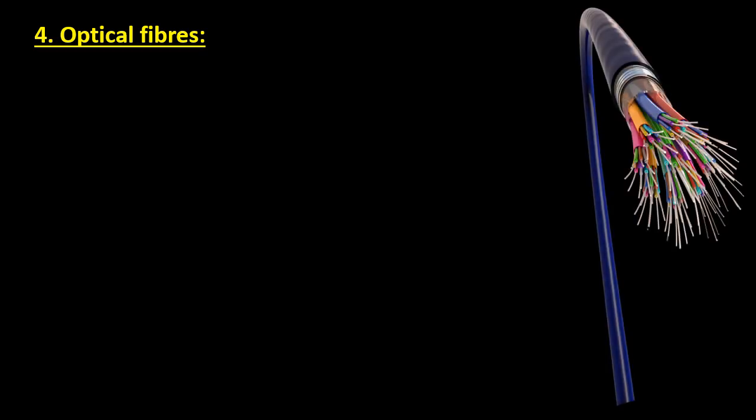Now let us discuss the 4th application of total internal reflection, which is used in optical fibers. Most of us have already seen an optical fiber, which looks like this. This small fiber is used to transmit signals from one end to another.